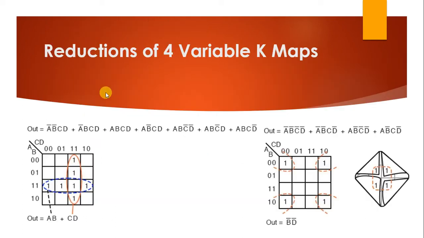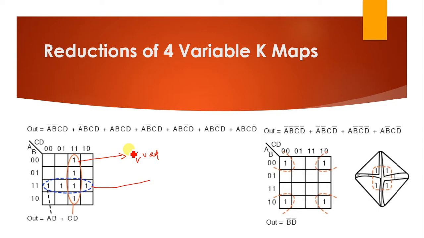Now, this reduction of 4 variables in a K map is possible with what is also called a quad set. We have seen normal 2 combinations and 4 combinations. This is called a vertical quad set.